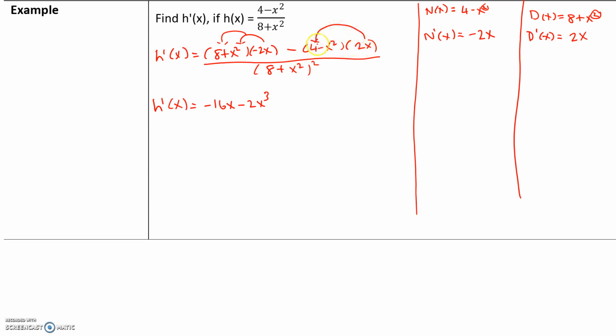So 2x times 4 is positive 8x, but because of that negative, it becomes a negative 8x. We got 2x times negative x squared, that's a negative 2x squared. But again, this negative applies to that negative 2x squared, which makes this a positive 2x squared. And all of that is going to be over 8 plus x squared to the second power.